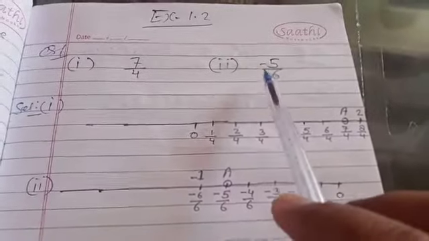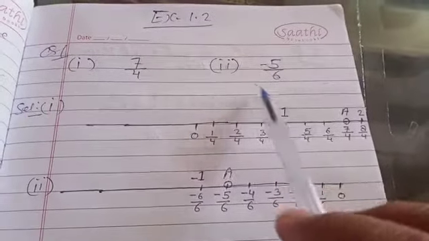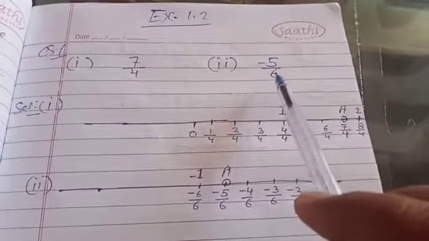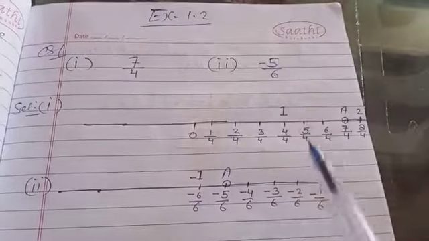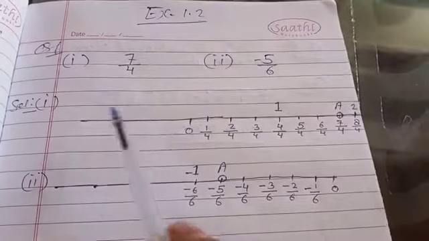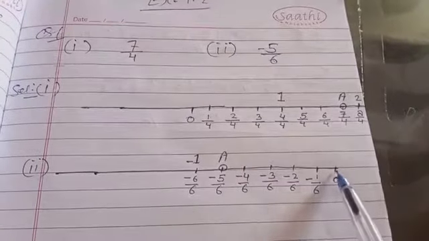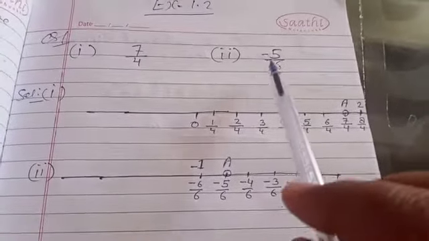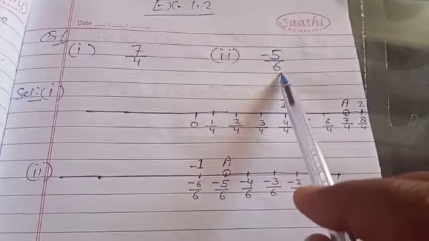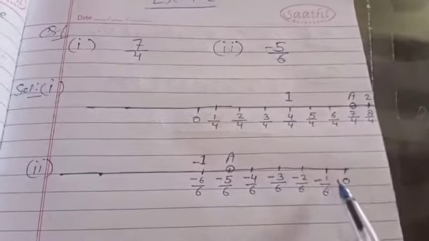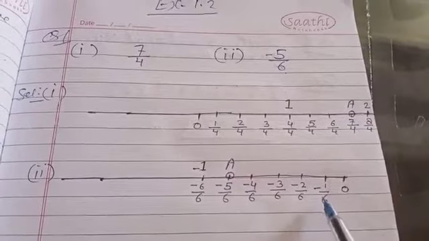Now in the same way, minus 5 upon 6, because this is a negative rational number. So you can show this negative rational number to the left side of the 0. You are watching here the 0, and to the left side of the 0 you are watching minus 5 upon 6, where the denominator is 6. So minus 1 upon 6, let's start from there.